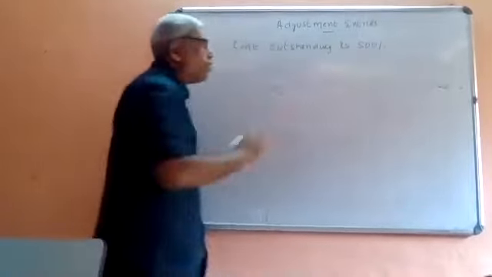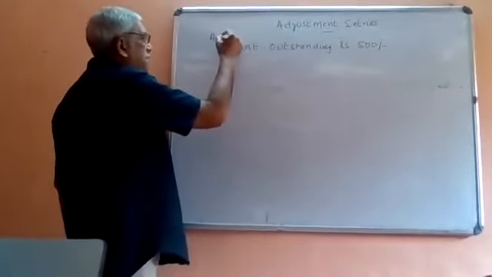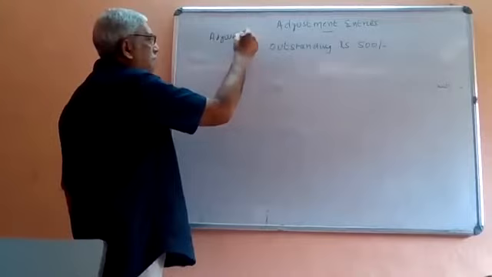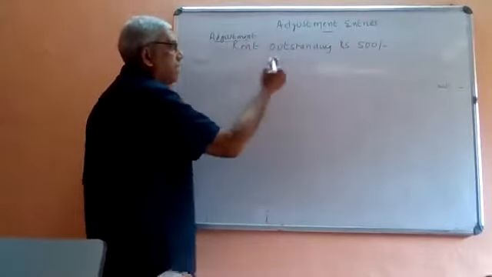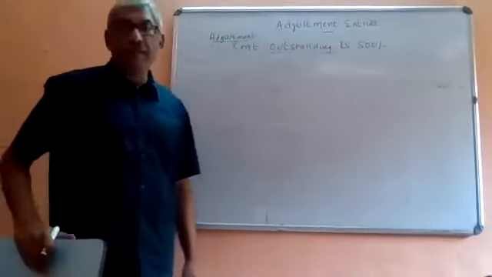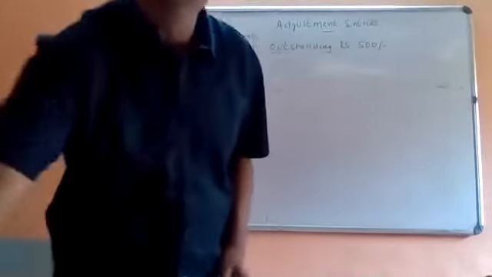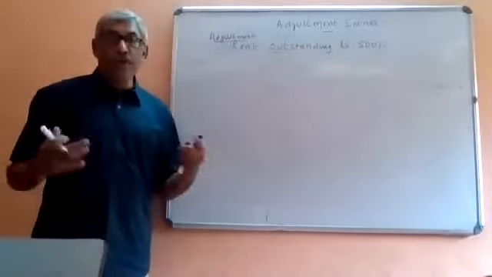So there is a rent outstanding of rupees 500. Okay, this is an adjustment. Suppose in the question there is an outstanding rent of rupees 500. So how will you write?